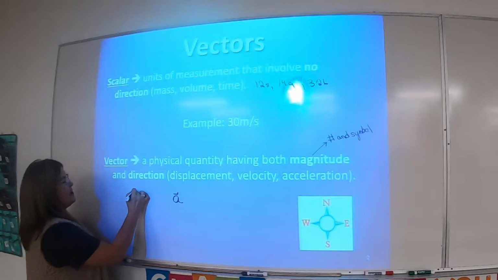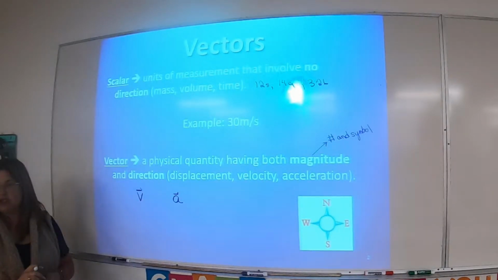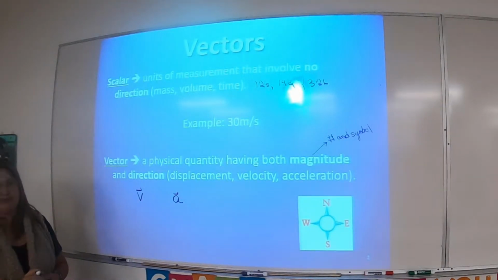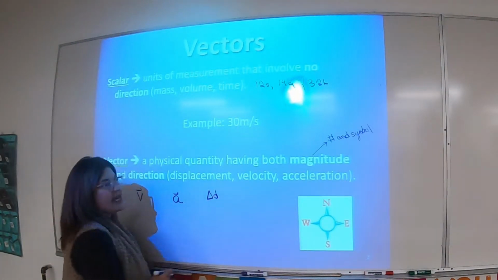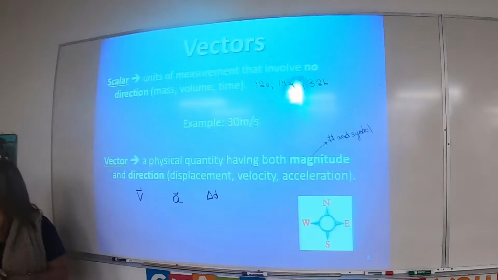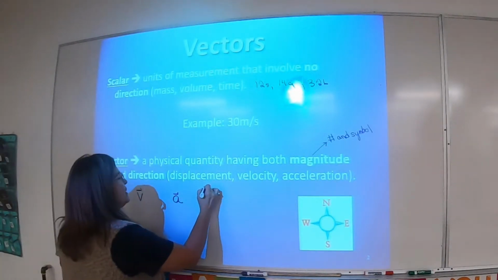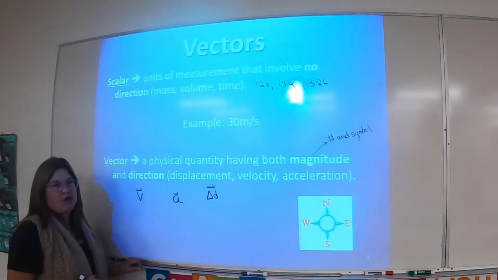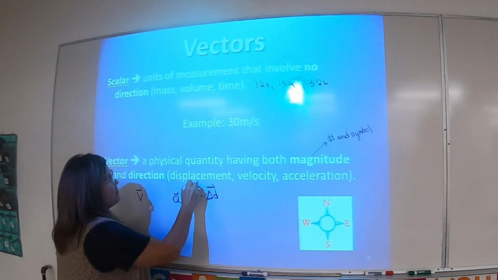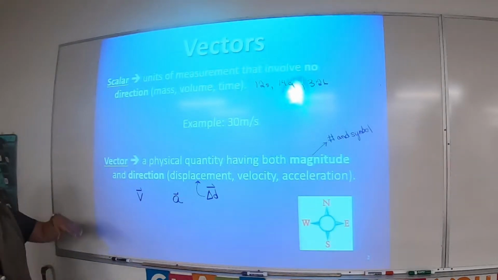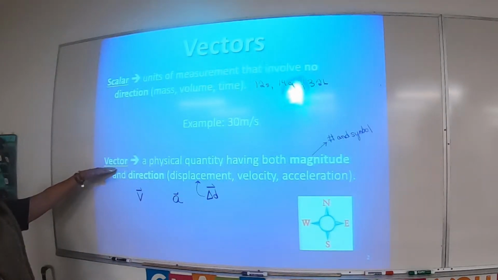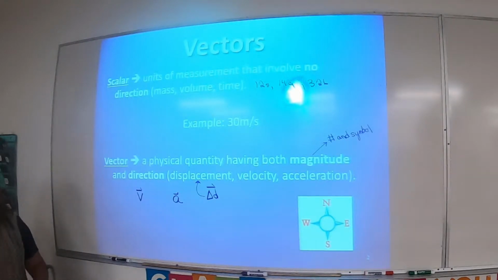If I put the arrow on top, I'm now talking velocity. If I have delta d, that tells me it is a change in distance. If I put an arrow on top, that means we are talking displacement, which is something different. So a vector quantity requires direction. A scalar does not.